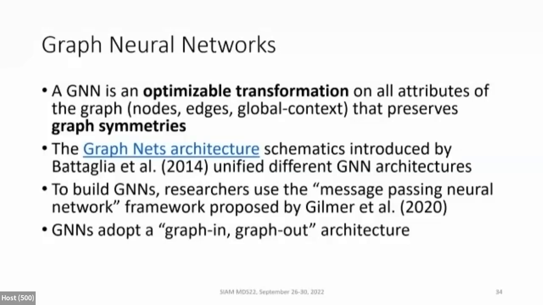The most important concept in graph neural networks is the message passing framework that was proposed by Gilmer in 2017. In general, graph neural networks adopt a graph in, graph out architecture, which means that the graph and the connections stay the same.